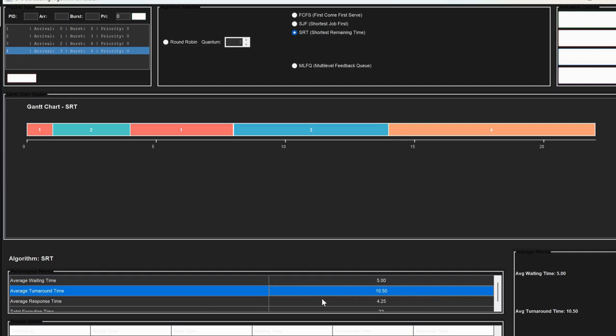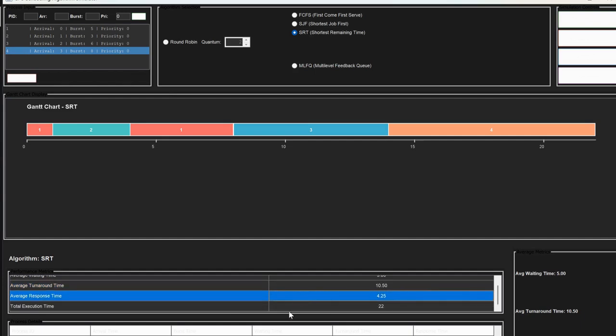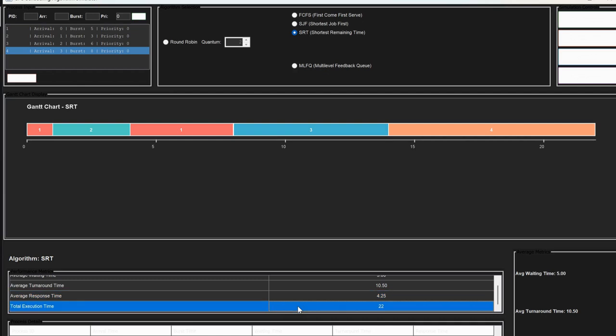Response time is the first time it gets the CPU, and the total execution time is 22. So this is all for SRT. The most important feature of SRT is preemption: the CPU always switches to the shortest remaining job. So this is it for the SRT algorithm.